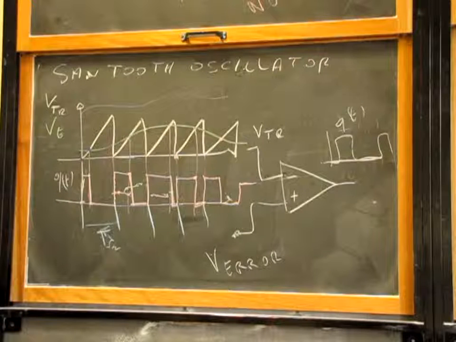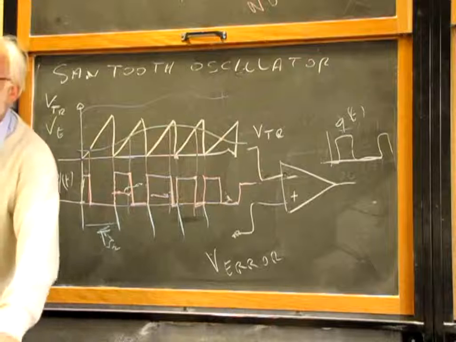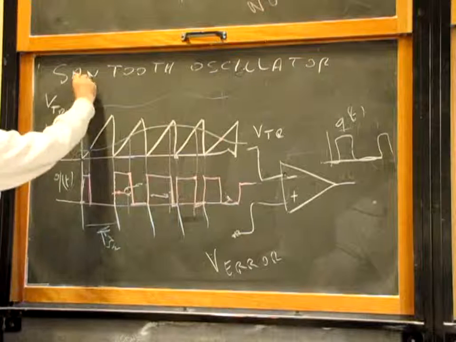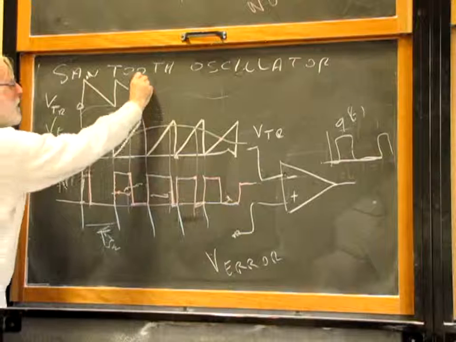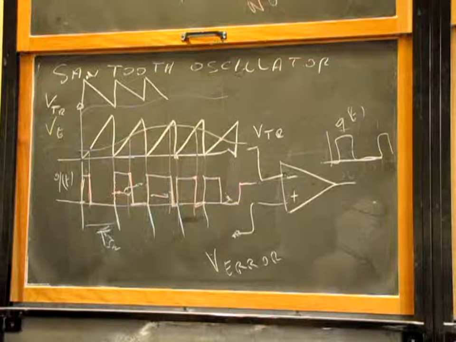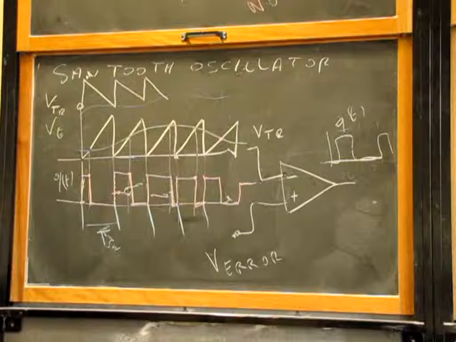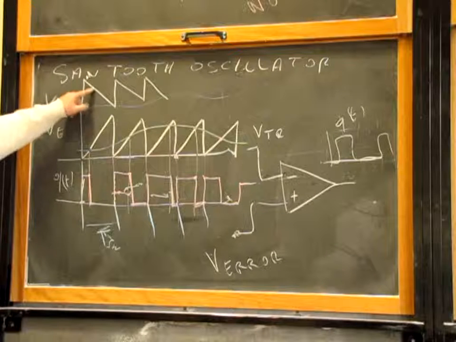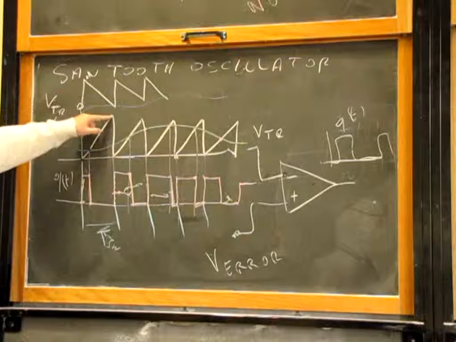There is also the possibility to use the sawtooth the other way. The sawtooth could be something like this. And if the sawtooth is something like this, what happens is that you start with a low, and you turn on at a given point, and then you turn off at a fixed point.